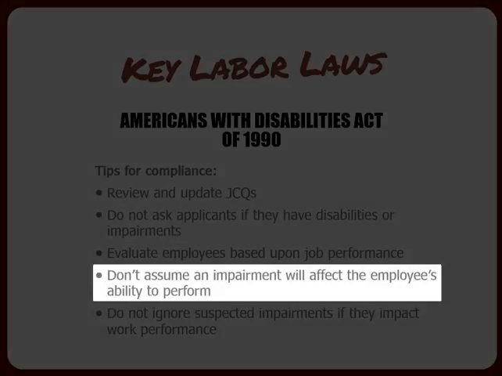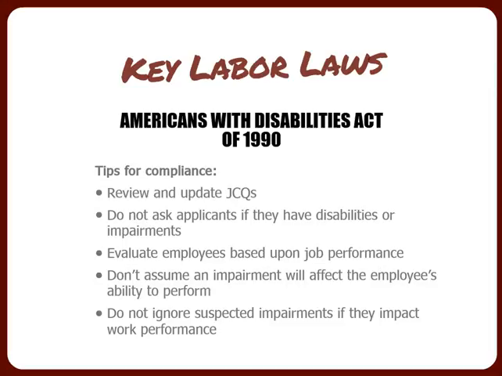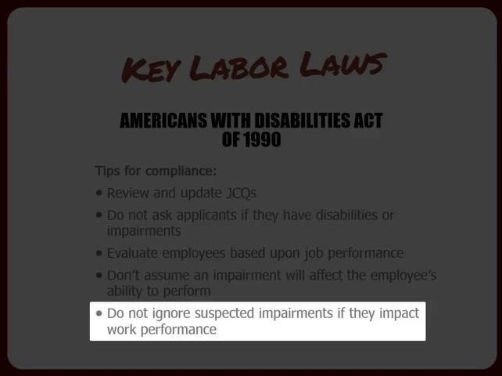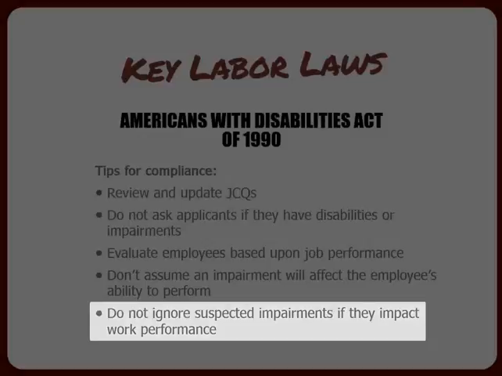Don't assume an impairment will affect the employee's ability to perform. We need to make sure that we provide reasonable accommodation to that disability so that they can perform at the level needed for that position. Also, do not ignore suspected impairments if they impact work performance.